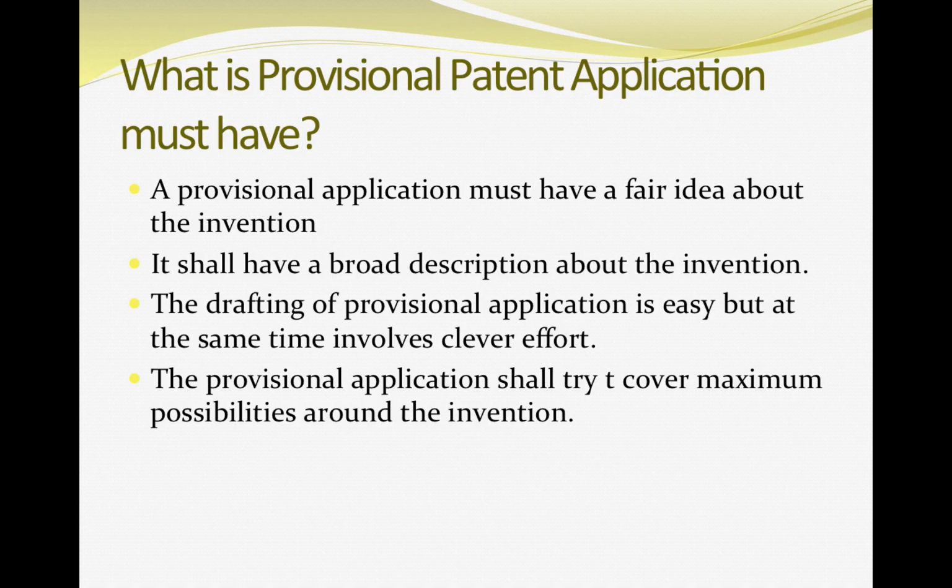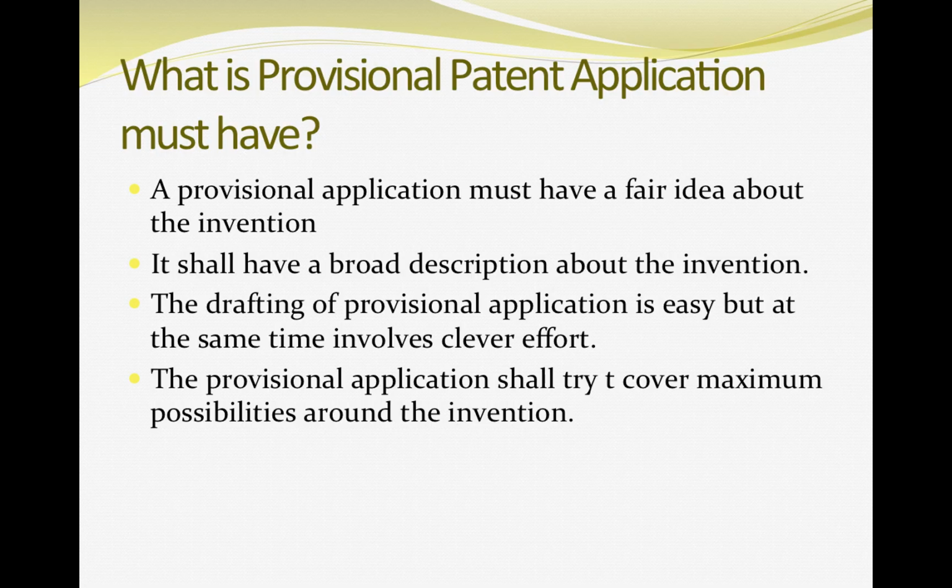What must a provisional patent application have? A provisional patent application must have a fair idea about the invention. It can loosely or broadly describe your invention. Not each and every component, nor each and every piece of working information or every diagram.